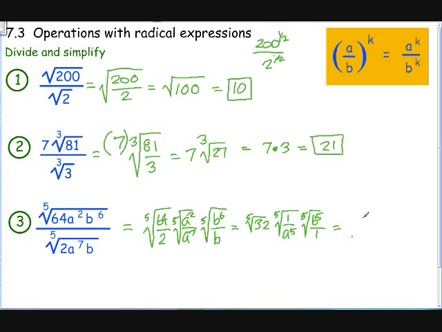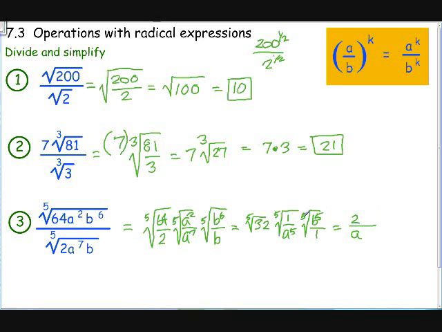The 5th root of 32 we know is 2. And that's going to be over the 5th root of a to the 5th is a, and because it is an odd exponent, I don't have to worry about whether or not this is positive.